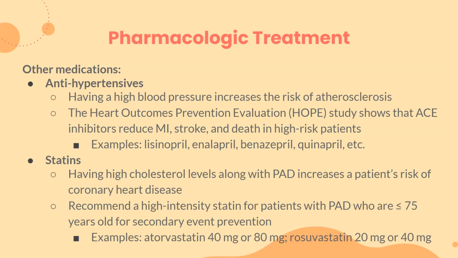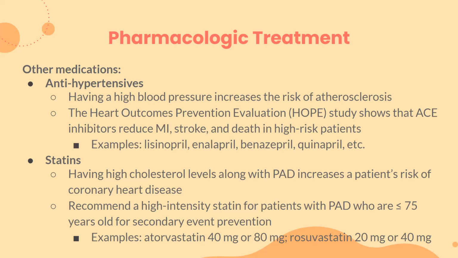And we have data that shows that for hypertension, if we use what we call an ACE inhibitor, this particular drug can reduce the patient's risk of experiencing myocardial infarction, a stroke, and death. So typical ACE inhibitors are going to be lisinopril, which is most commonly prescribed in patients, as well as enalapril, benazepril, and quinapril. And also statins.